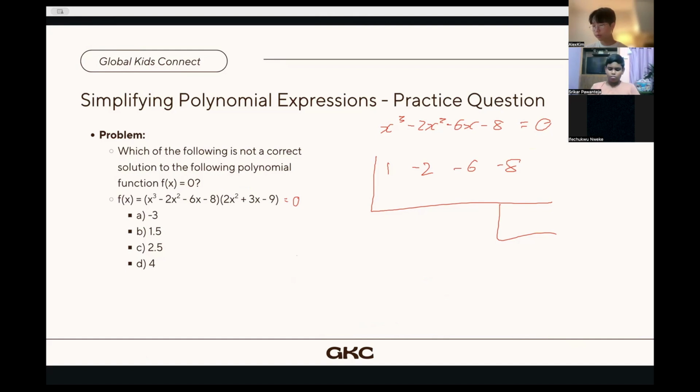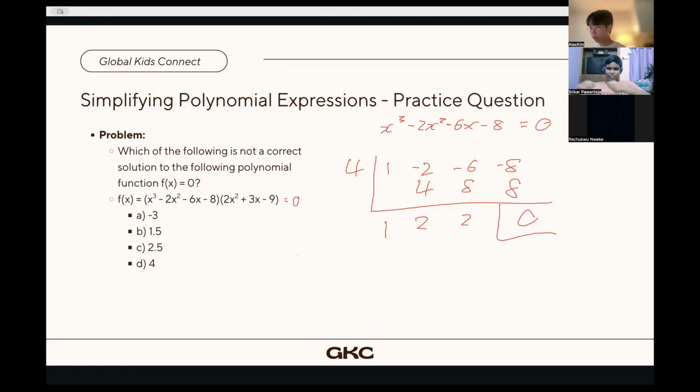Let's say we tried +4. It is a divisor of 8. If we tried +4, we drop down 1, we get 4, we get 2, we get 8, we get 2 again, and then we multiply 2 by 4 again to get 8. After we add, finally we get a remainder of 0.